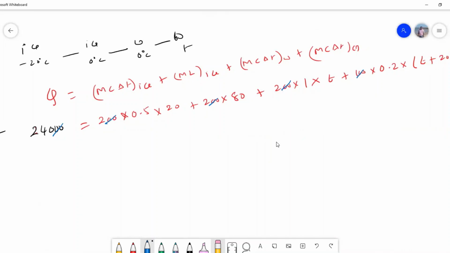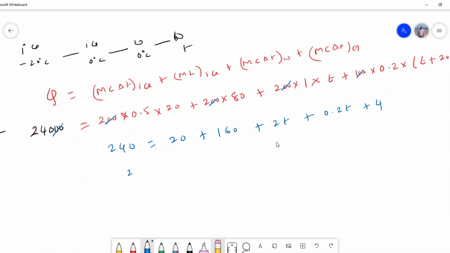Now I can write this as 240 is equal to, and there is a 2 here, so there will be 20, plus there is 80, sorry, 160, plus 2T, plus 0.2T and 4, 0.2 times 20 is 4.